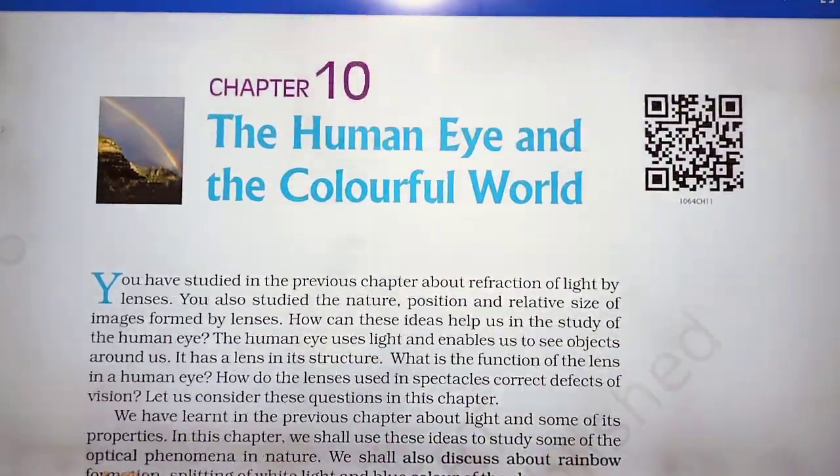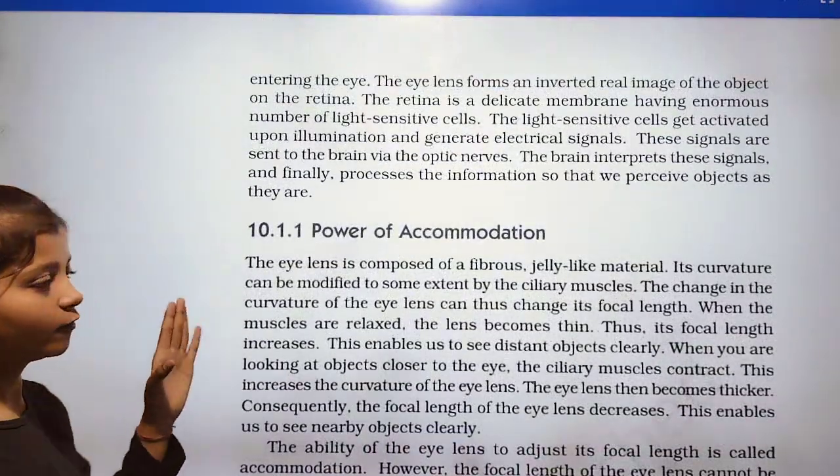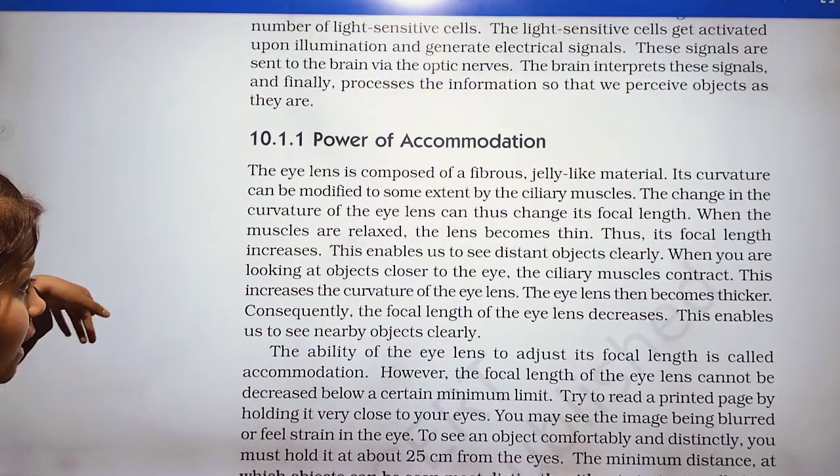I hope you understood the whole video about the human eye and the power of accommodation. Accommodation is the ability of the eye to adjust its focal length. We also covered the nearest point and the farthest point of a normal eye: minimum 25 centimeter and maximum infinity.